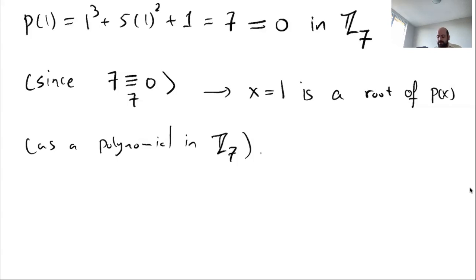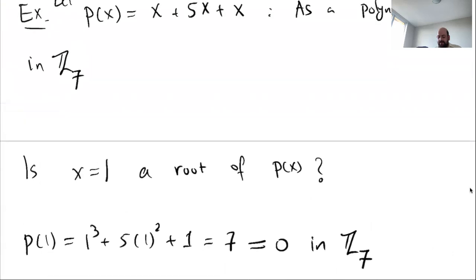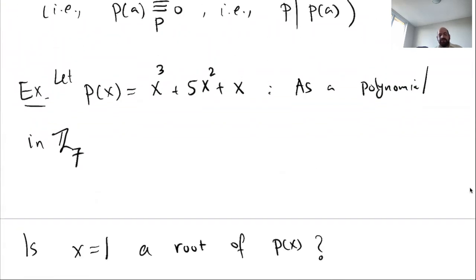Okay, so one question we could ask here is: given a polynomial of degree n, how many roots can we have for P(x)? A polynomial of degree n in Zp can have how many roots?